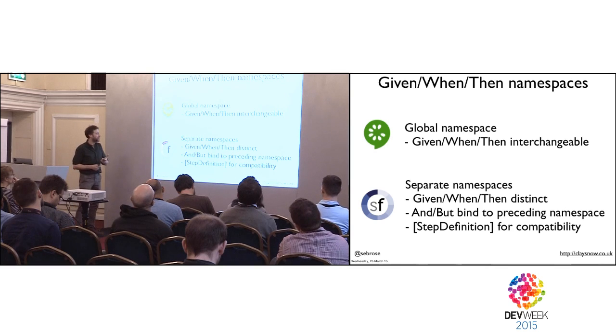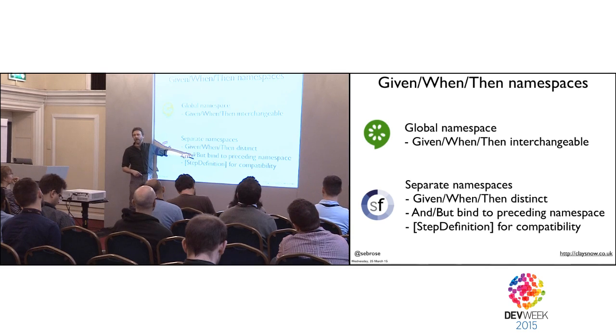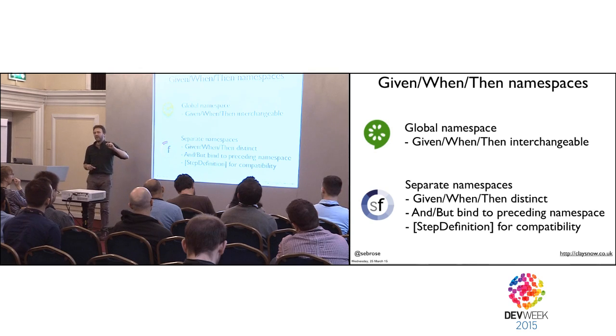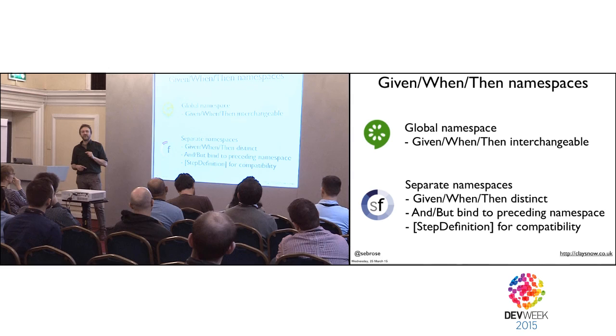There are no namespaces for and or but. And and but bind to the most recent namespace above them. So if you say "given I register and I go to the home page", that and is treated as a given, and it will generate a given binding.